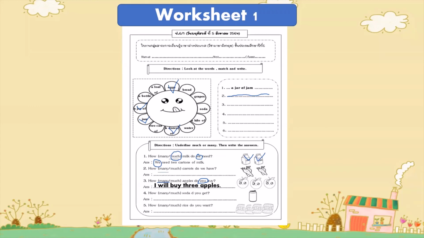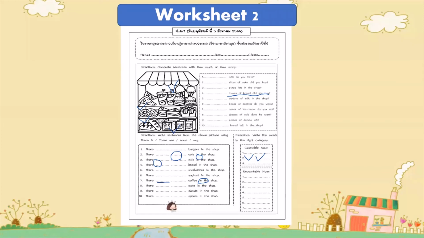Now you can do the rest of the worksheet. Let's go to worksheet number 2, everyone. Now in here, we have 1 to 10 items. For there is and there are, some and any, Teacher Mo is going to discuss this.